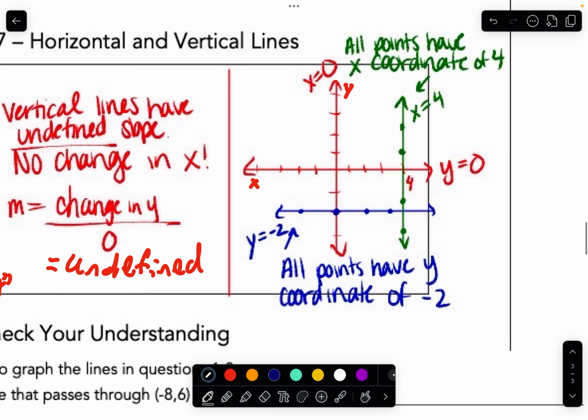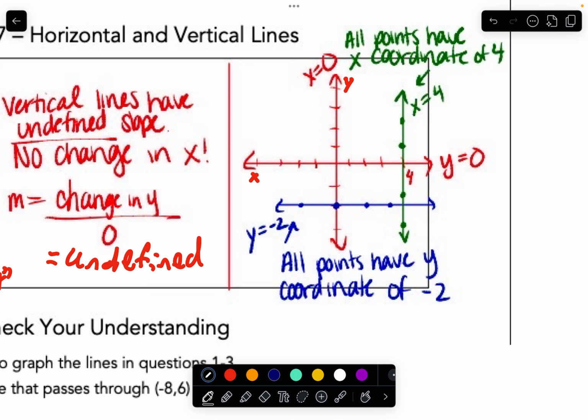For learning target number 3, it gives you the grid, axes, and the graph. Notice that the y-axis is the vertical line x equals 0.